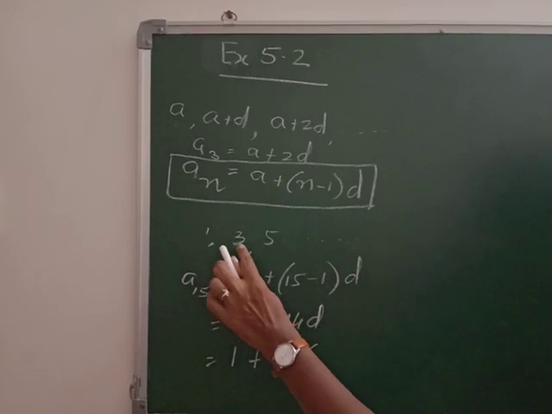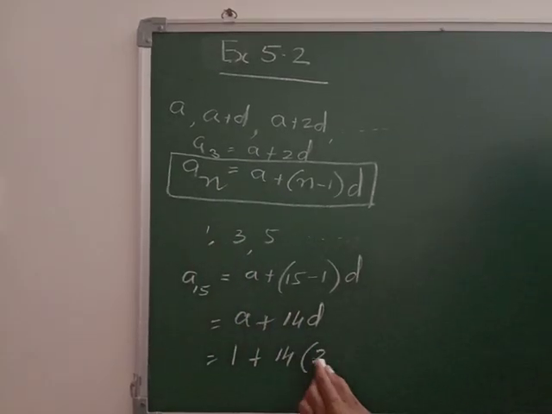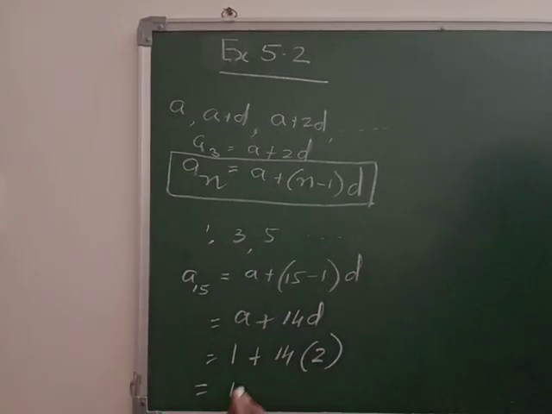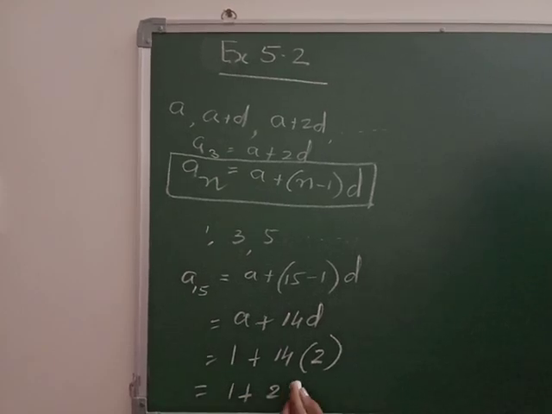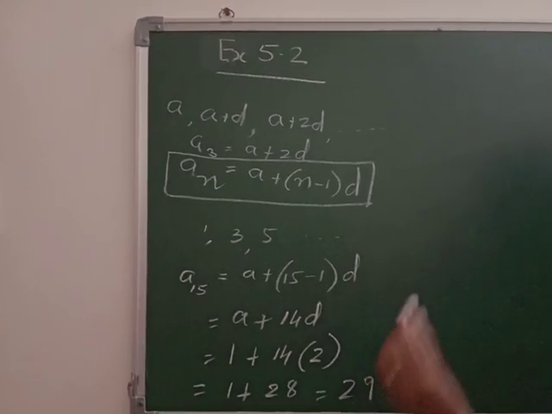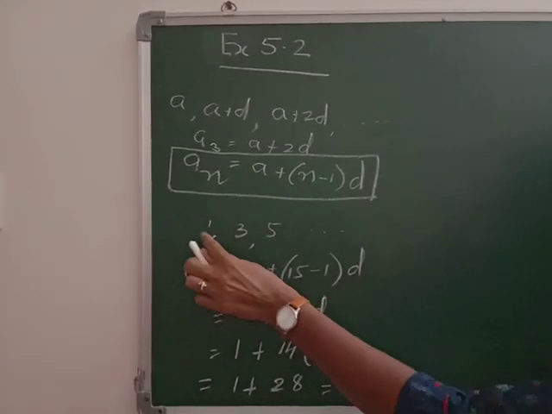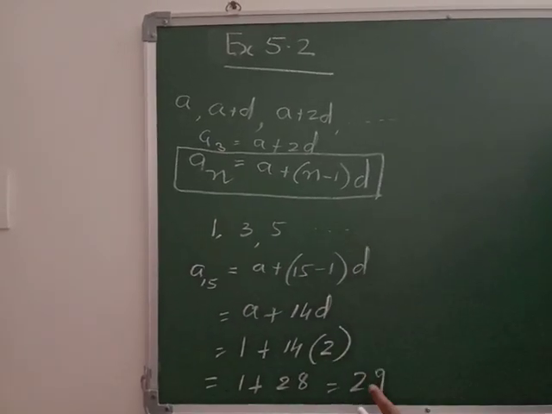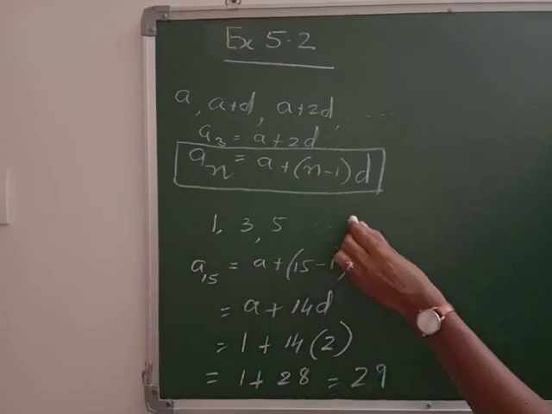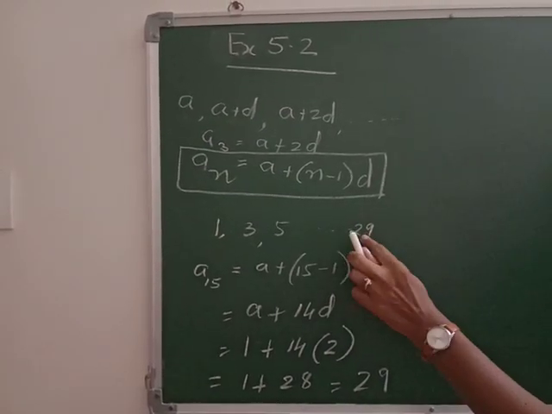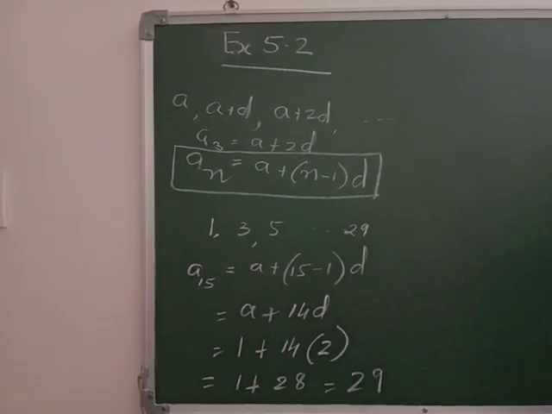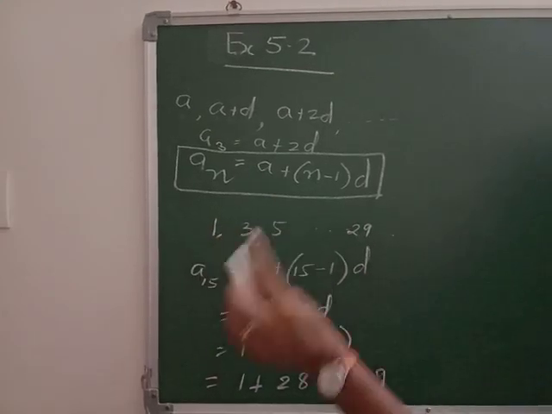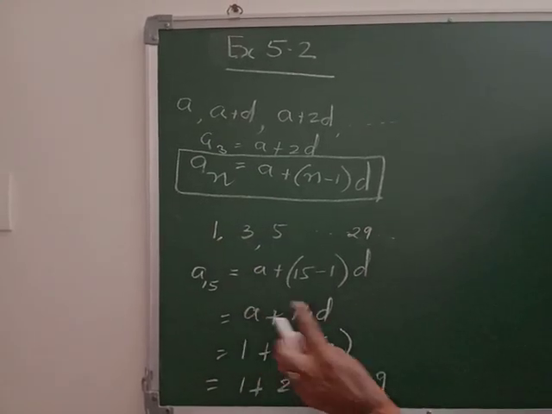What is D? 3 minus 1, 2. 1 plus 28. The answer is 29. That means if you write this AP up to 15 terms, the 15th term will be 29. So you can find any term of any AP when you know A and D.